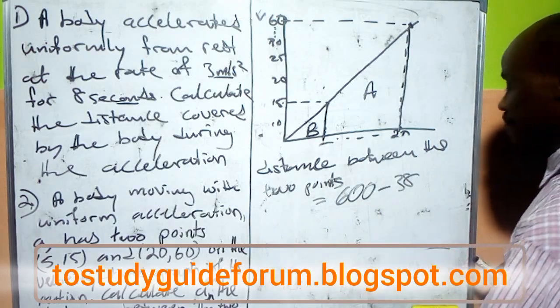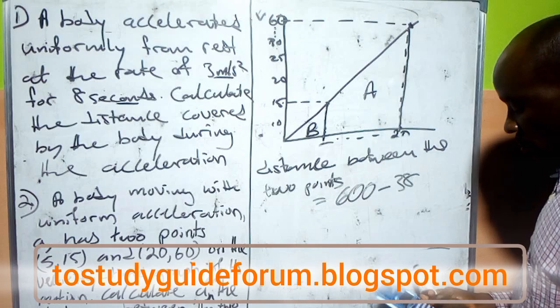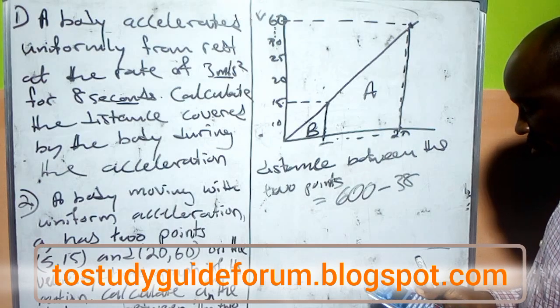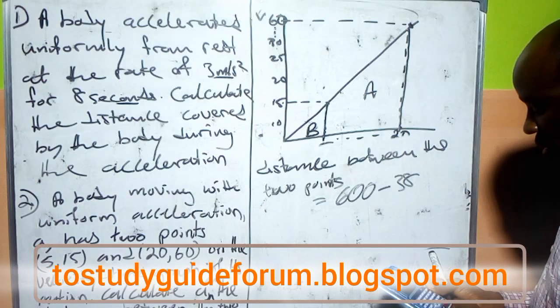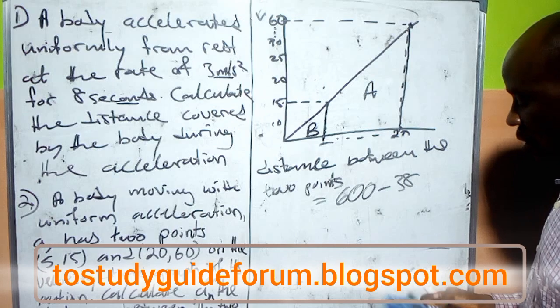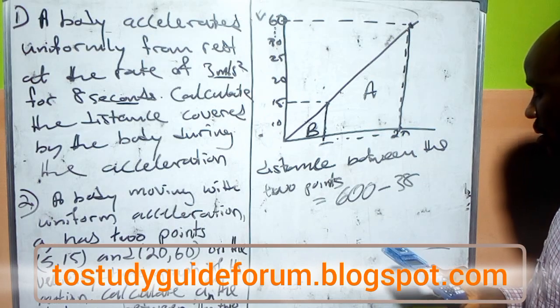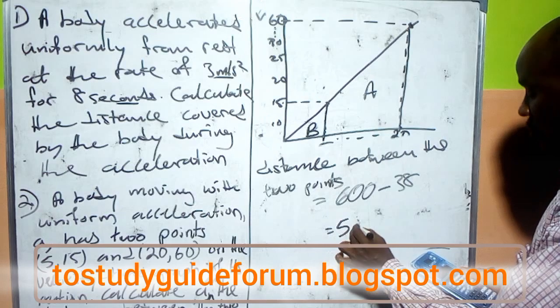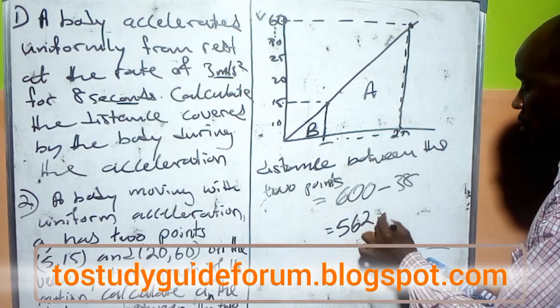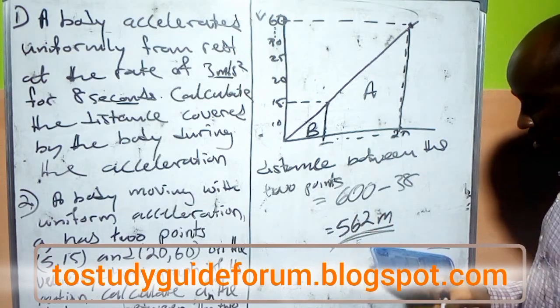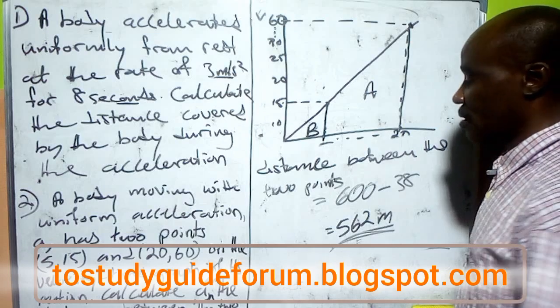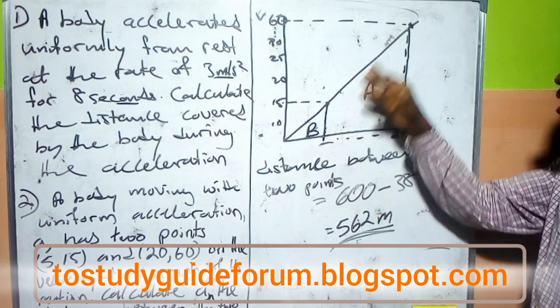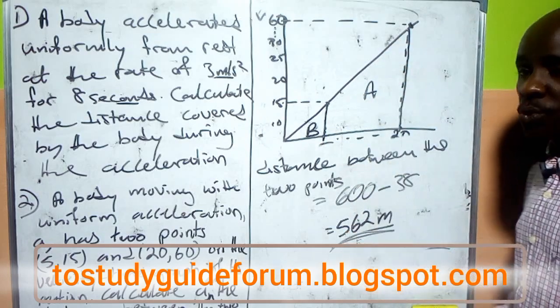That will give us 600 minus 38, equal to 562 meters. That is the final answer. That is to say, this one between here and there is 562 meters.